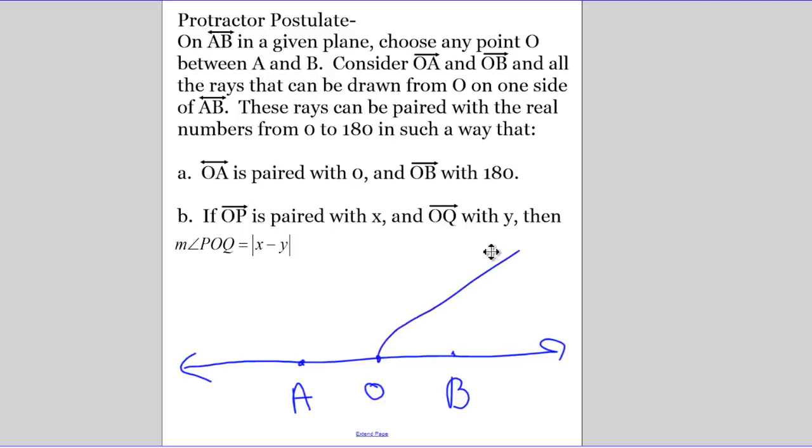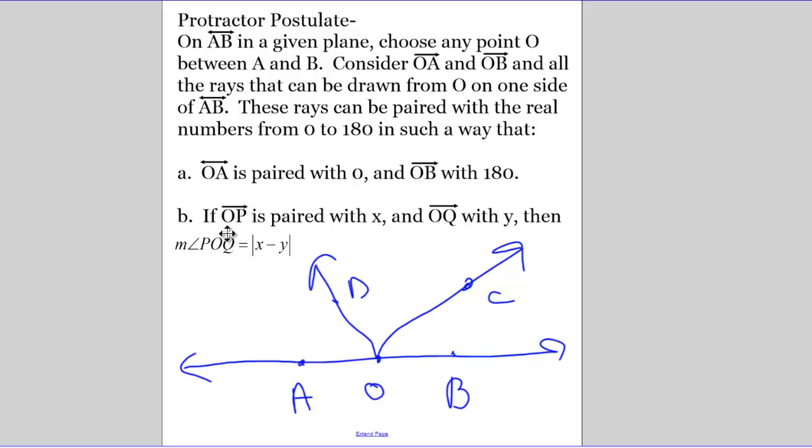So I can draw a ray there, let's call it OC, and OD, where, let's say OA is 0, and then I rotate up to ray OD, which is going to be a certain number. Or we could change OB to be 0 and rotate up to a certain number. So if OA is paired with 0, OB would be 180. And then there's another one.